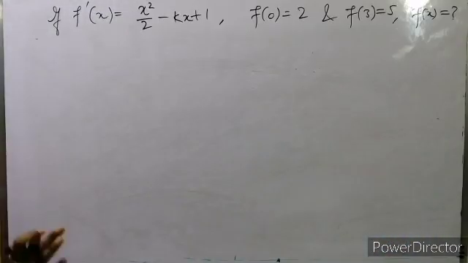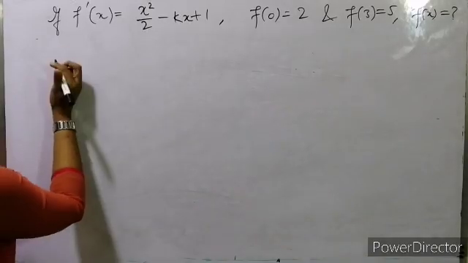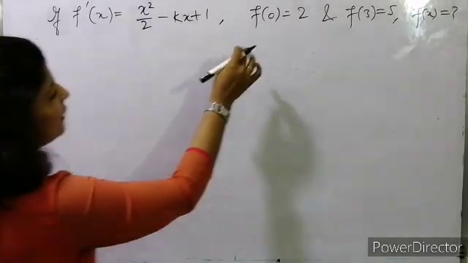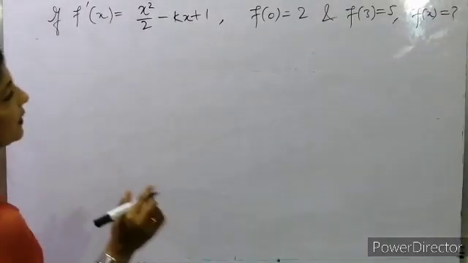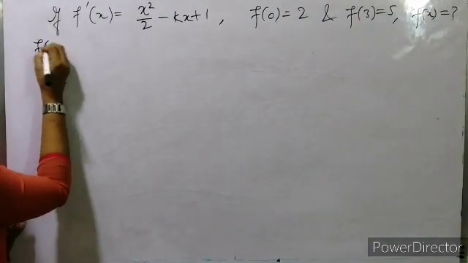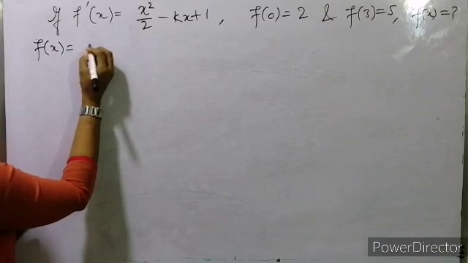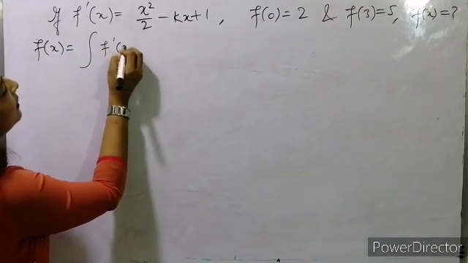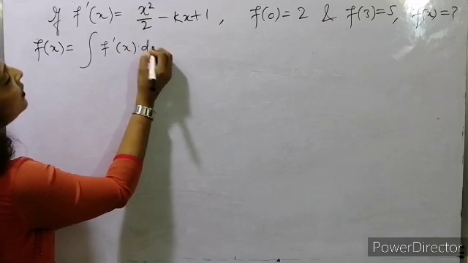We have another question, in which the value of f dash x is given, and f0 and f3 are also given. You have to find fx. So what will be the value of fx? Fx will be the integration of f dash x with respect to x.